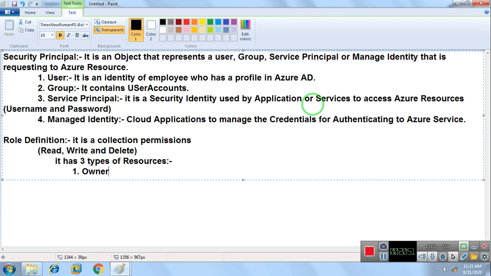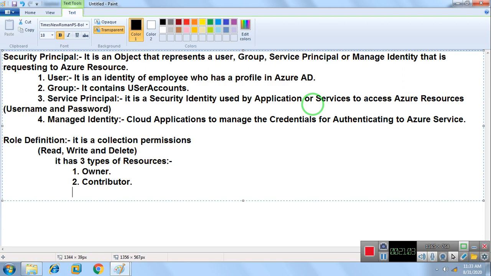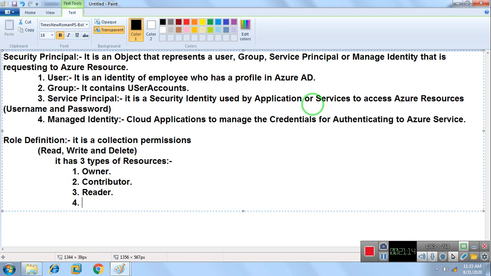Number two, we have Contributor. Number three, we have Reader. And number four, we also have User Access Administrator.